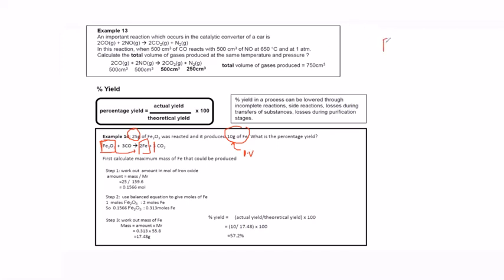So iron oxide to iron. Iron is 56 multiplied by 2, 112, plus 3 multiplied by 16, 48. So that will be 160. So this is 160. Iron is 56 multiplied by 2, so 112.